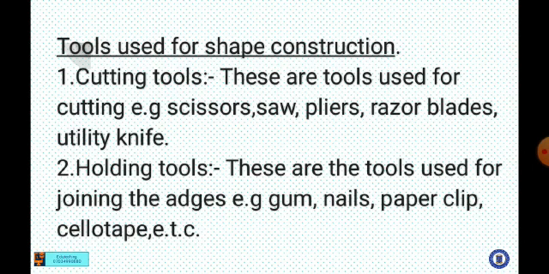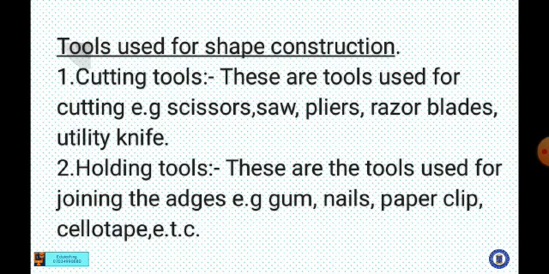Now let's look at the holding tools. These are the tools used for joining the edges after cutting. Examples are the gum, nails, paper clip, and cello tape. The choice of holding tools also depends on the material used.